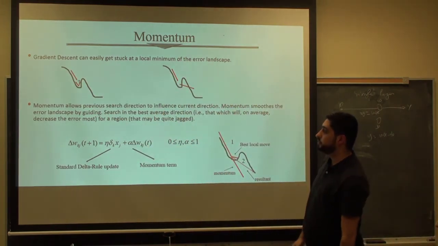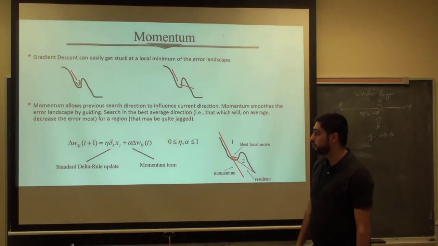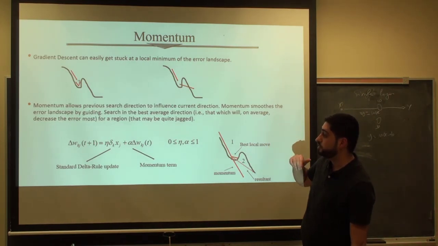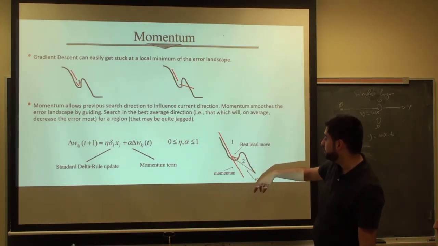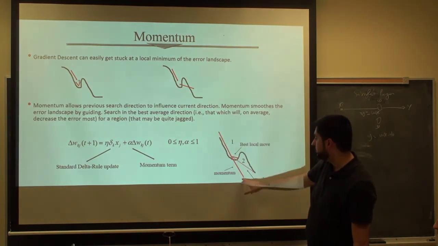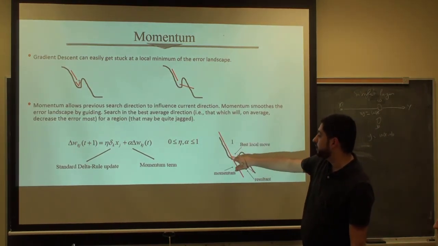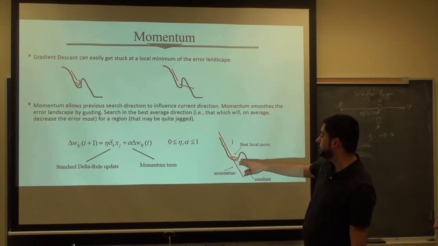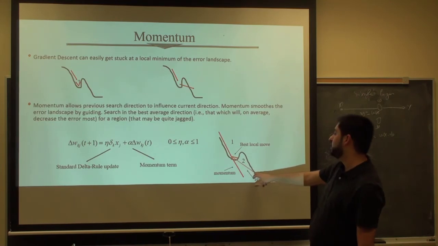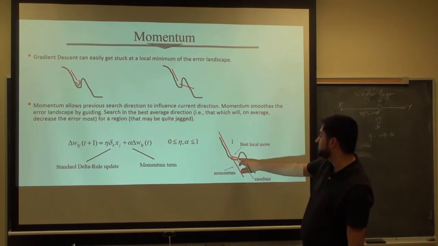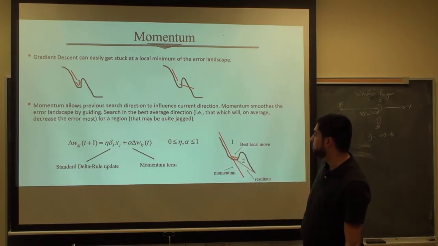So we can use something called momentum, which is basically a smoothing function that keeps the previous weight change value. In this example, this is the previous weight, and this is the new step you get after you calculate the error change. If you use momentum, you will reach the global minimum faster and not get stuck inside the local minimum.